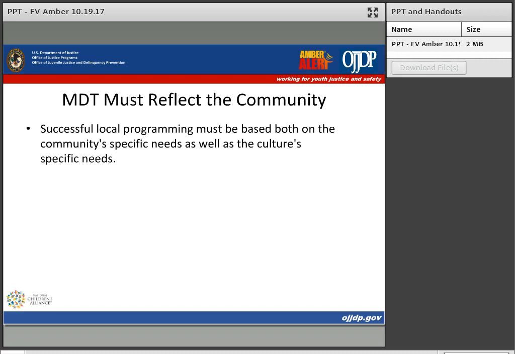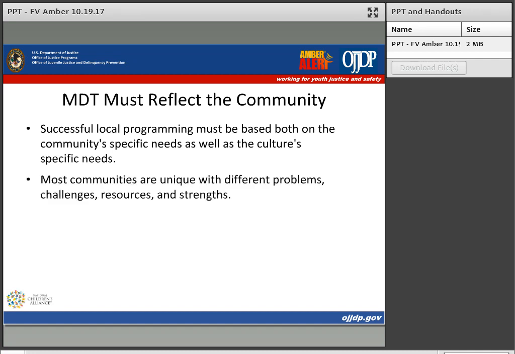The reality is the assessment has to reflect the community. You've got to base what you're doing on the specific needs of that community as well as their unique culture. Tribes that are very close geographically can have very different problems, challenges, and resources.